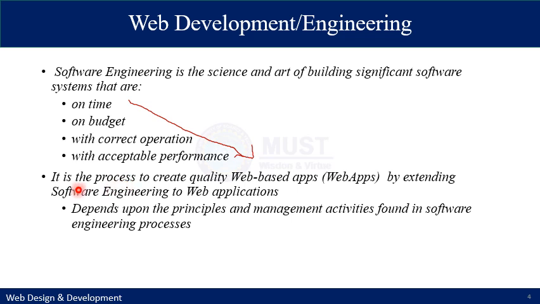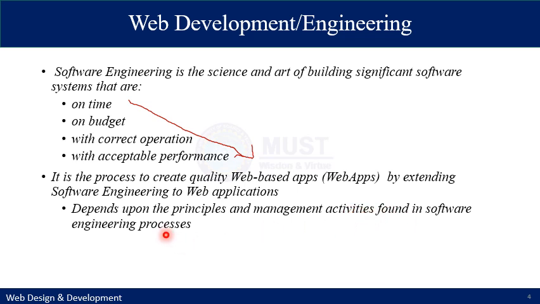So it is much similar for the web application. It is the process to create quality web applications by extending software engineering to web applications. So you have to apply all four components to your web application as well, to follow a software engineering process. However, it depends upon the principles and management activities found in the software engineering processes.